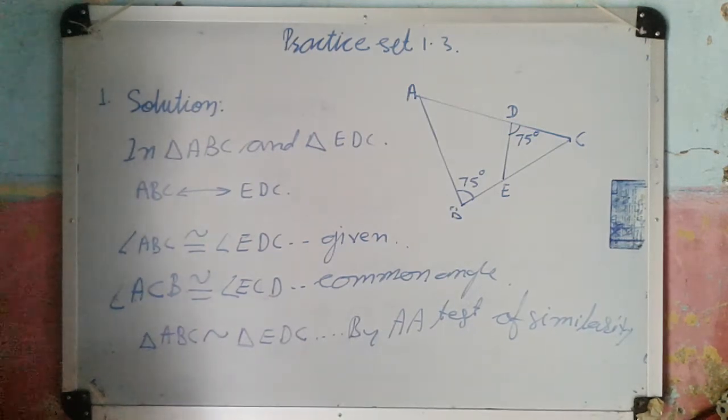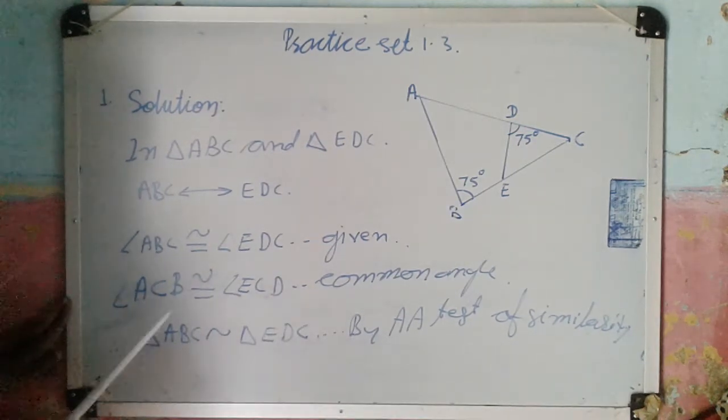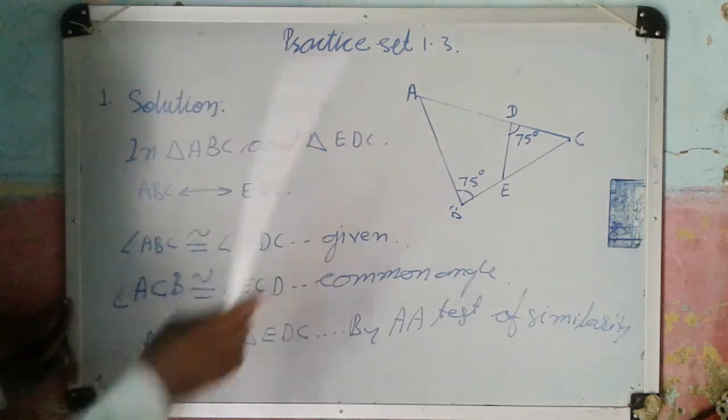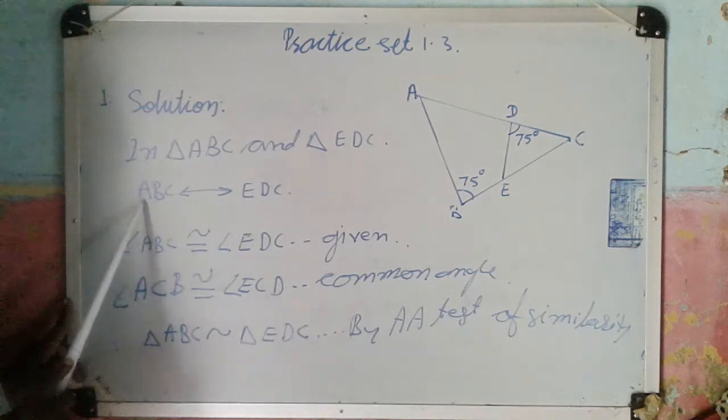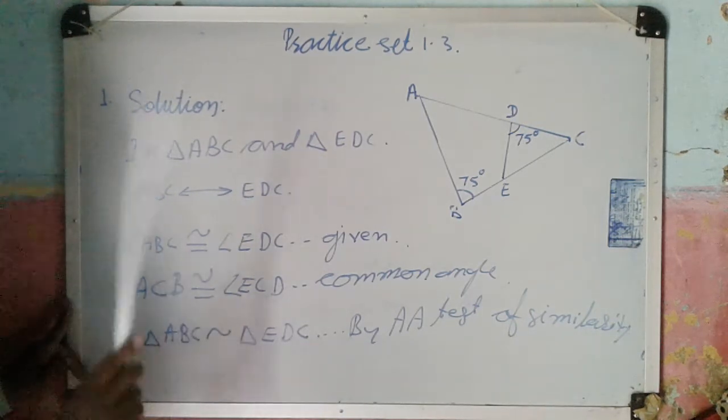So here, which two triangles are similar? Triangle ABC is similar to triangle EDC. By which test? By the angle test. And the correspondence is ABC to EDC.